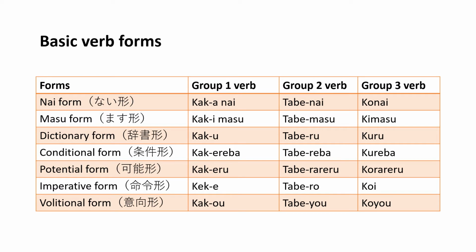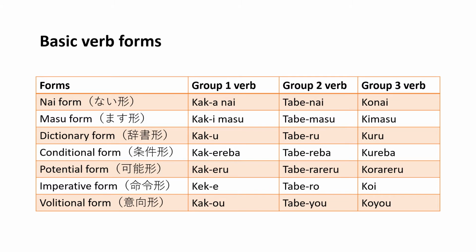Here, I've listed 7 verb forms. You're already familiar with ます形, mas form, and 辞書形, dictionary form. Let's take a look at group 1 verb. I took 書きます as an example. First, ない form: 書かない.